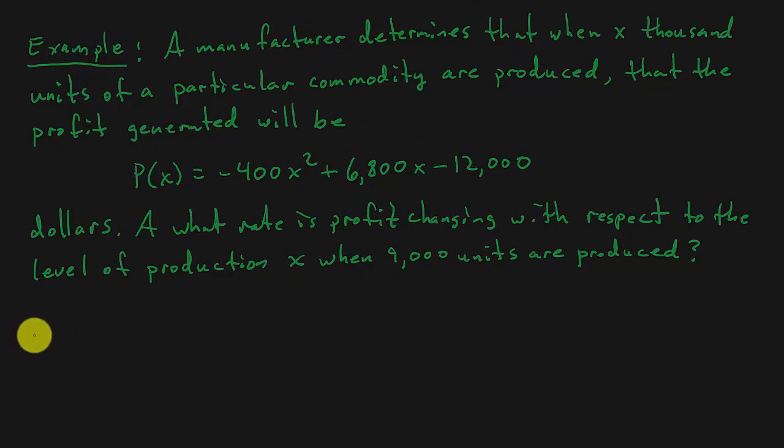And so I have p prime of x is equal to the limit as h goes to 0. And this is going to be what?